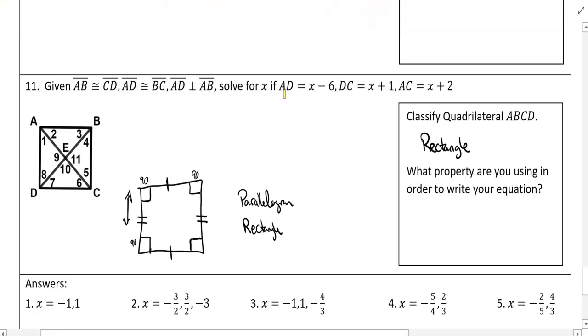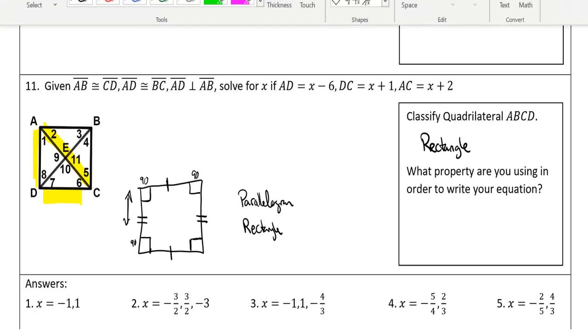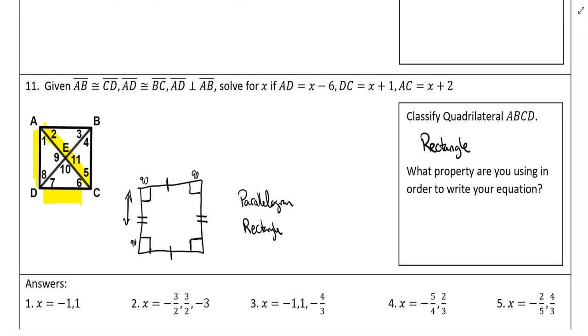We're given information on AD, this side here, DC, that side, and AC, that side. Now we can't say that AD and DC are congruent, but what we can say about this is that we have a right triangle, right?